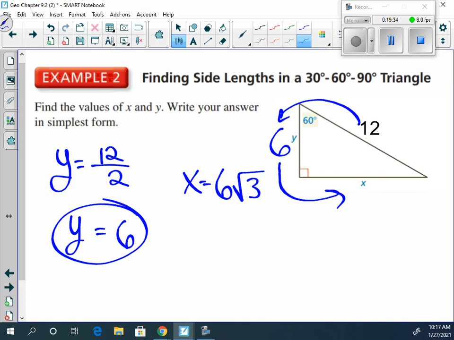When I multiply 6 by the square root of 3, I get what? Well, 6 square root of 3. And that's it. Questions on this here? Questions on any of this here so far? You good with this here? Yes? Okay.